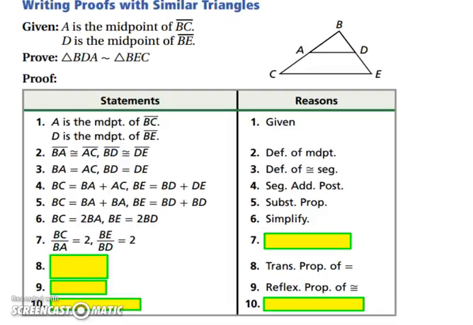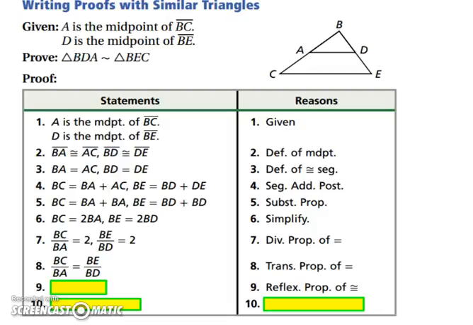And now we can utilize the division property of equality to make BC divided by BA almost represent a proportion. So BC over BA equals 2 and BE over BD equals 2. Therefore, if we utilize the transitive property, we have BC over BA equals BE over BD.